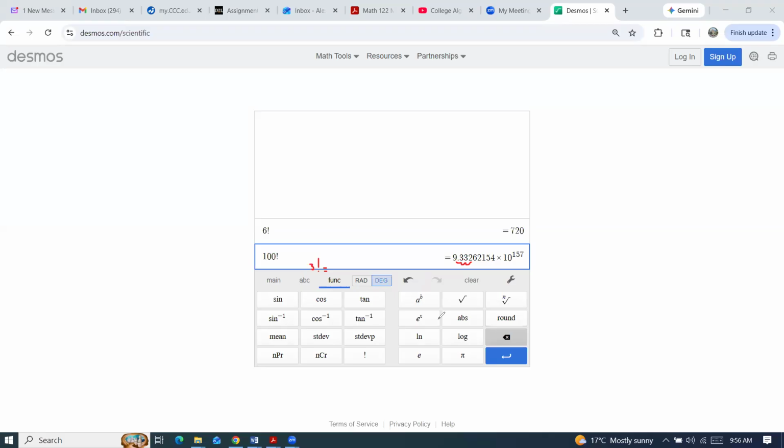And that's just 100. What if I put 1,000? What if I just put 1,000, so an extra 0? And it says undefined. So there is a number, but it's so big that the calculator cannot even produce it. So you just saw a limitation of technology of a scientific calculator. Of course, there are huge numbers that usually we don't work with.